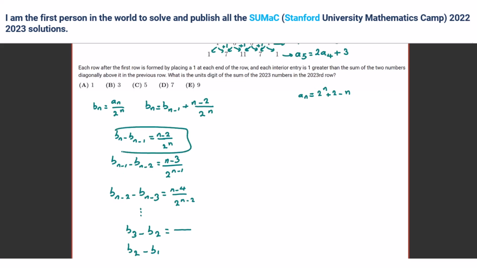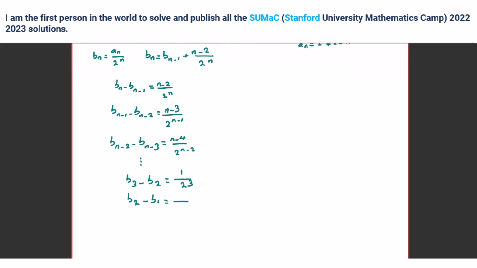Look, if you pay attention to this one, you can say B3 minus B2 is 1 over 2 to the power of 3. Yes, 1 over 2 cubed. And what about the last one? That's what over what? 1 over 2 to the power of 2. To the power of 2 is correct, but the numerator is not correct. What over 2 squared? Oh, 0 over 2 squared. Yes.